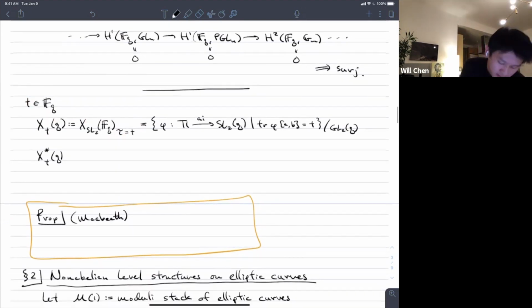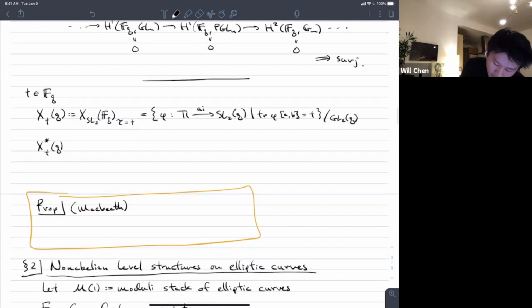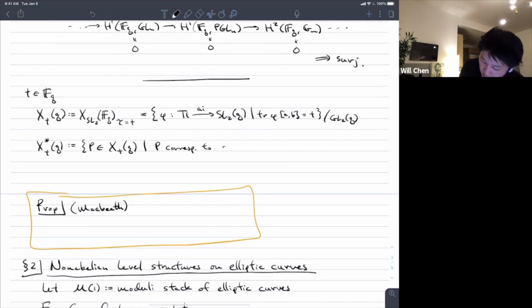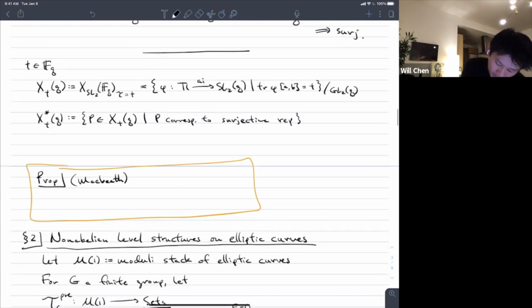Just as we had X(p) and then X*(p) in the intro, let X_t*(q) be the set of points in X_t(q) which corresponds to a surjective representation, a representation which surjects onto SL2(F_q).